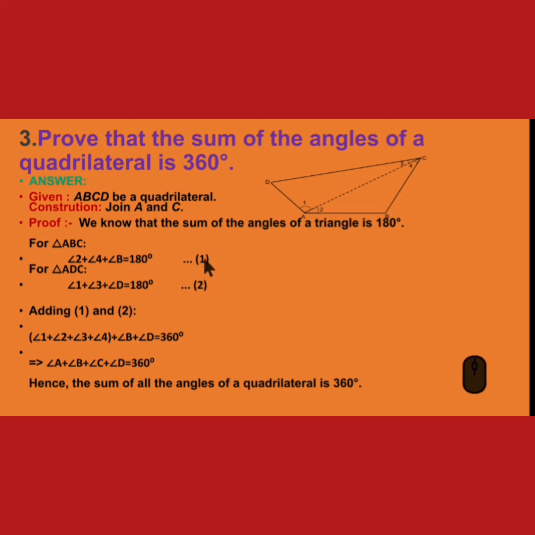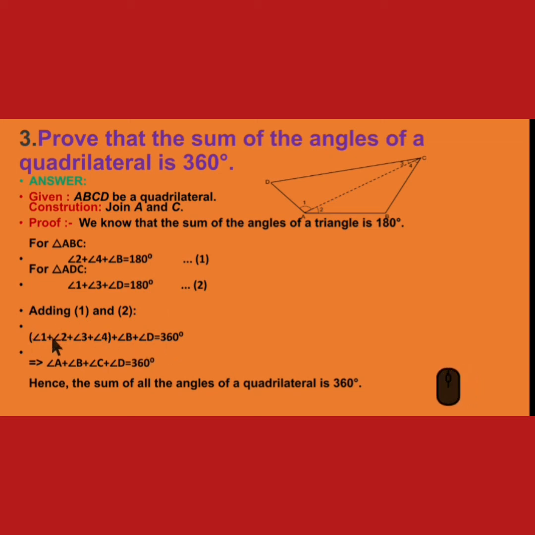Now we add equations first and second. When we add them, angle 1 plus angle 2 plus angle 3 plus angle 4 plus angle B plus angle D equals 180 plus 180, which is 360 degrees.